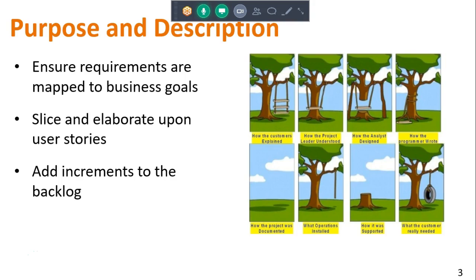And it's a fun kind of graphic, and even though it's humorous in a way, it points out that we often don't have a completely shared understanding of what we're talking about, and that can cause problems.